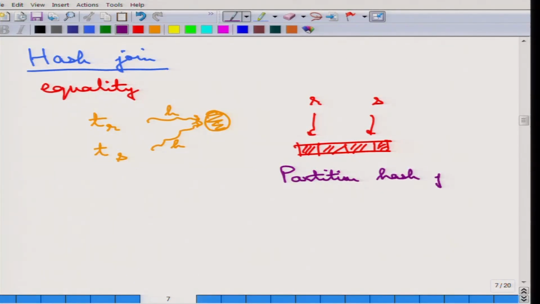And just a little bit more detail on that algorithm. Suppose the hash table entries are from 0 to n minus 1, so there are n entries.